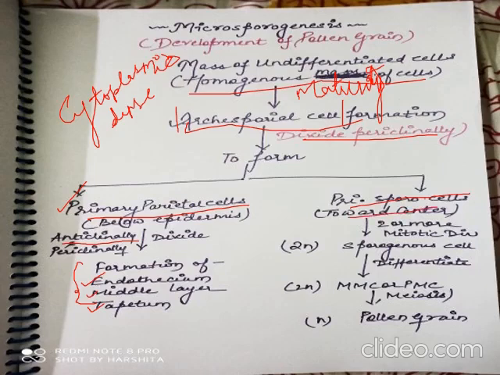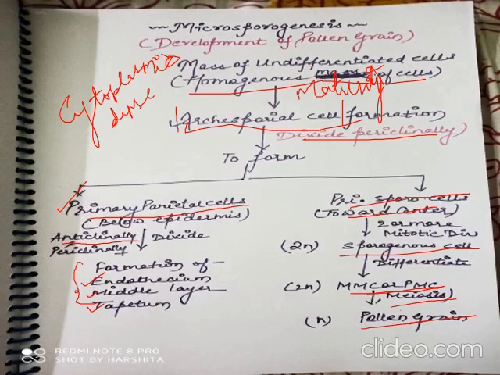Each and every cell of those sporogenous cells will undergo mitotic divisions, and those mitotic divisions lead to the formation of the MMC, which then undergoes meiosis, and meiosis leads to the formation of pollen grains. So each and every cell present inside the sporogenous tissue will act as a microspore mother cell or pollen mother cell, and those will undergo meiosis, or reductional division.